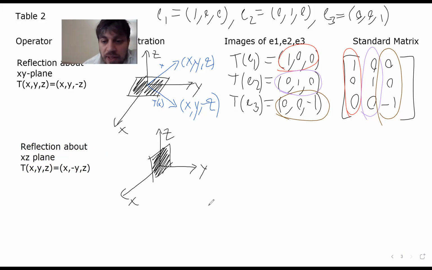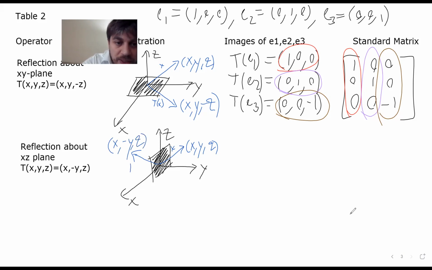And if you have a vector x with x, y, z coordinates, and you reflect it about the xz plane, the effect of that reflection is just negating the y component. So you have x, negative y, z. That's the vector T of x. So you're just reflecting that point through the xz plane.